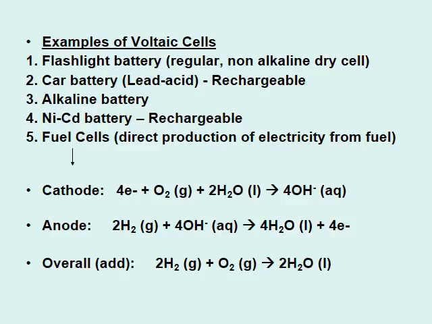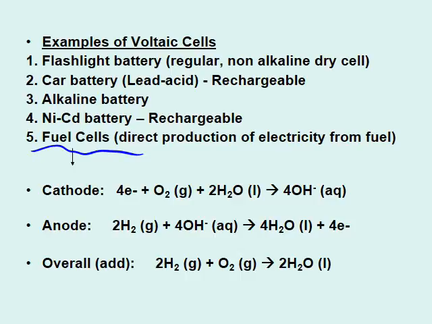Here we're giving you examples of voltaic cells, like the flashlight battery. You know that there are different kinds of flashlight batteries: AA, triple A, C, D, all these different types. Car battery, which is also a rechargeable battery. Alkaline battery, nickel cadmium rechargeable battery. Then the fuel cell.